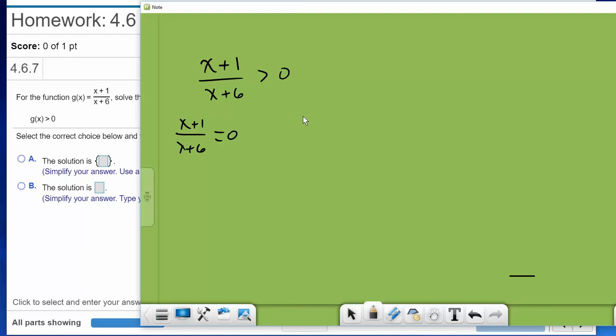Basically, if I was thinking of the graph y equals x plus 1 over x plus 6, these would be the x-intercepts. So we have equal to 0, and then the other one is where it's undefined. You have to keep these straight.